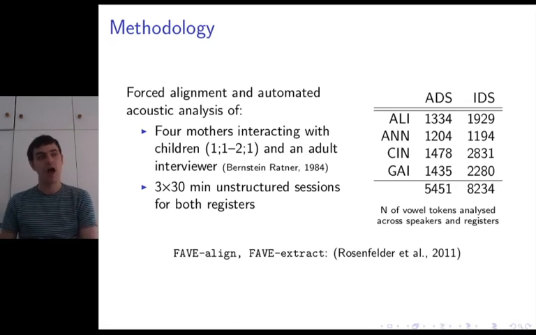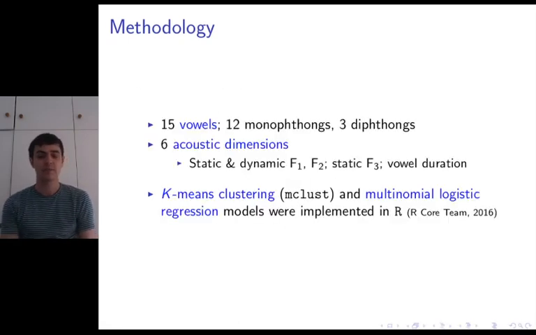What I considered in my modeling work was a set of 15 vowels of American English: 12 monophthongs, 3 diphthongs, and 6 acoustic dimensions.